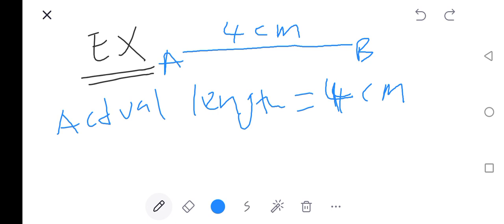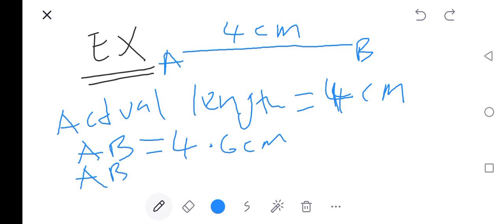And now, Madam Jane, you have been told to measure this length with a ruler. And then you find something like 5.6 centimeters. We give Madam Selina to measure the same.